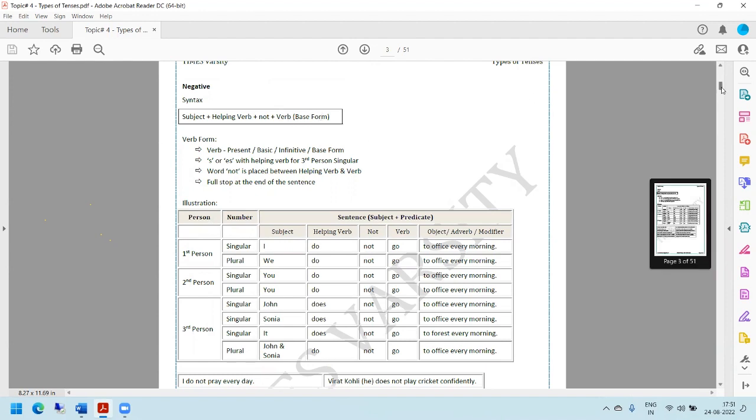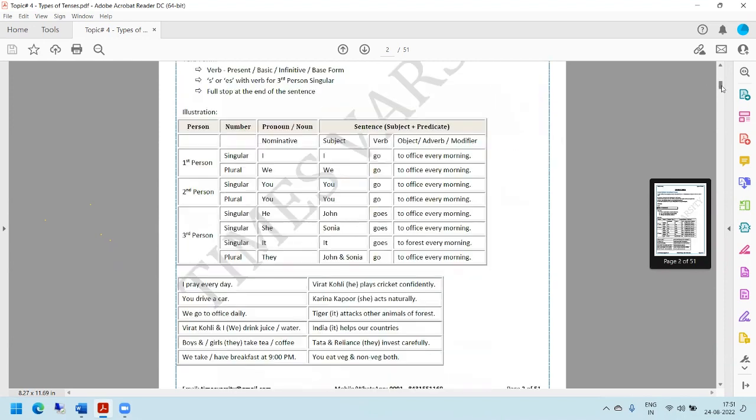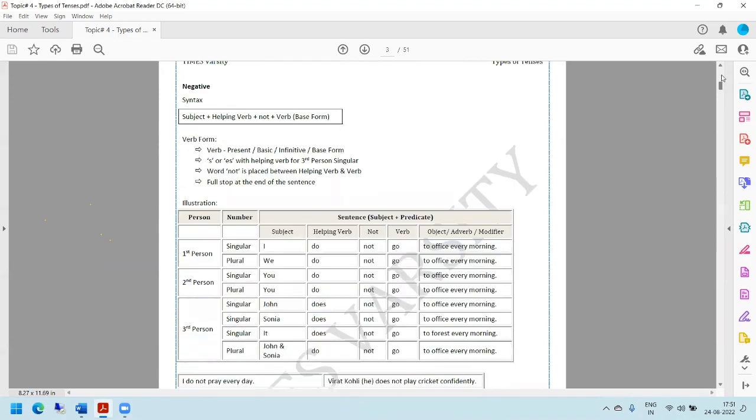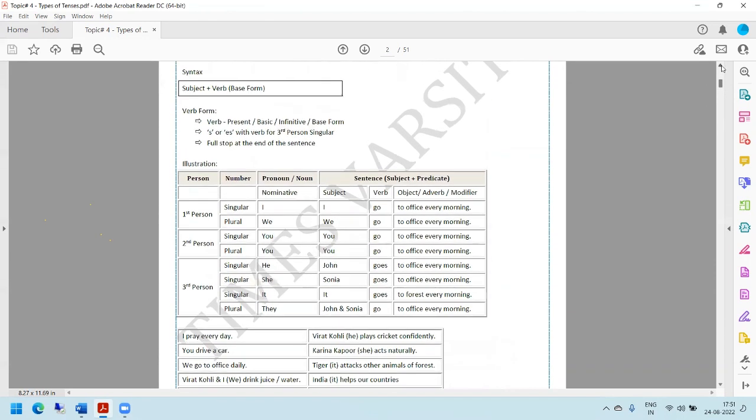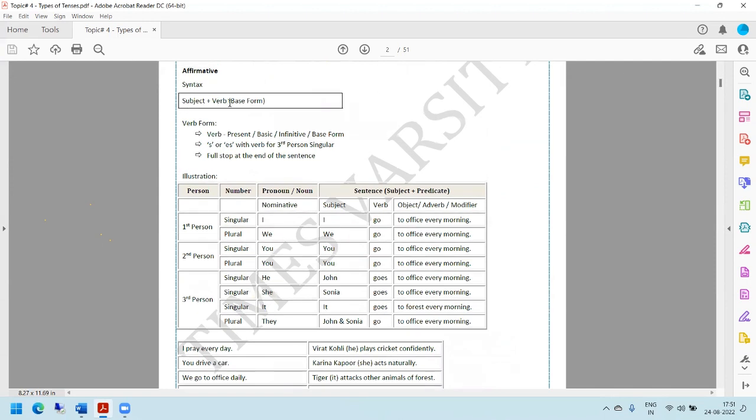If we look at the syntax of affirmative, it is just subject plus verb. So this is the syntax of an affirmative sentence. And that's why we see here subject plus verb in the first form, and then the remaining, in the predicate, we have verb, object, adverb, modifier, and all.